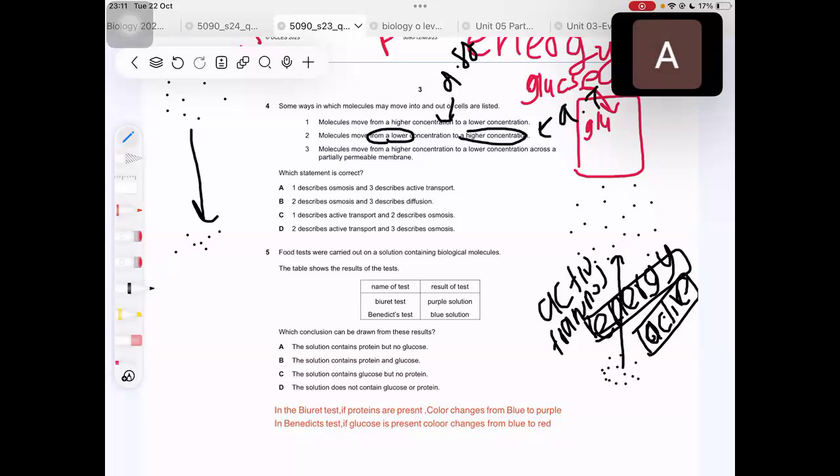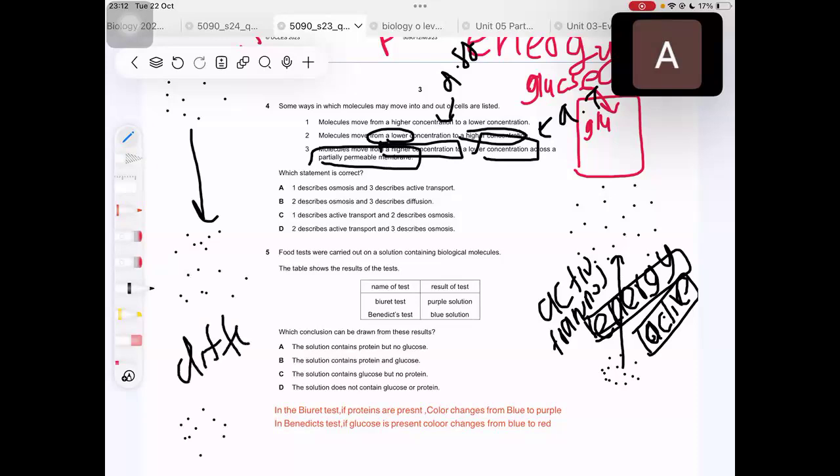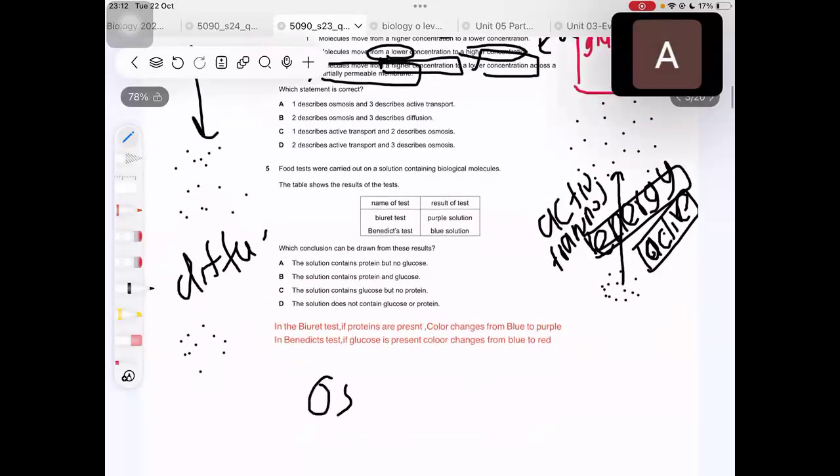Third one, molecules move from a higher concentration to a lower concentration across a partially permeable membrane. Before, we just said when molecules move from a high concentrated area to a low concentrated area, we just referred to it as diffusion. But there is a special type of diffusion called osmosis, right?